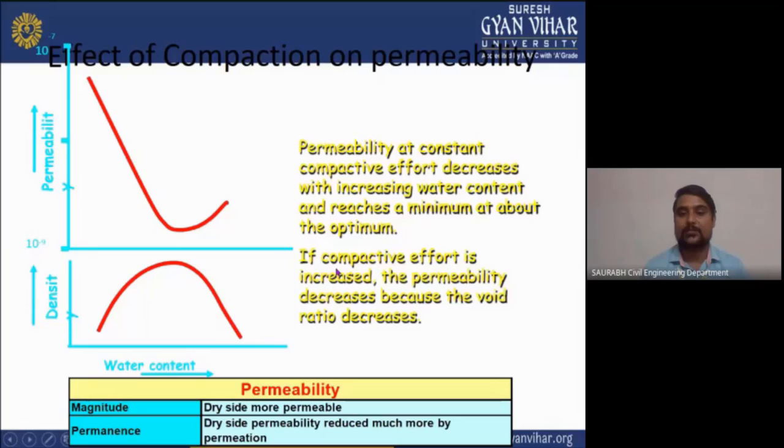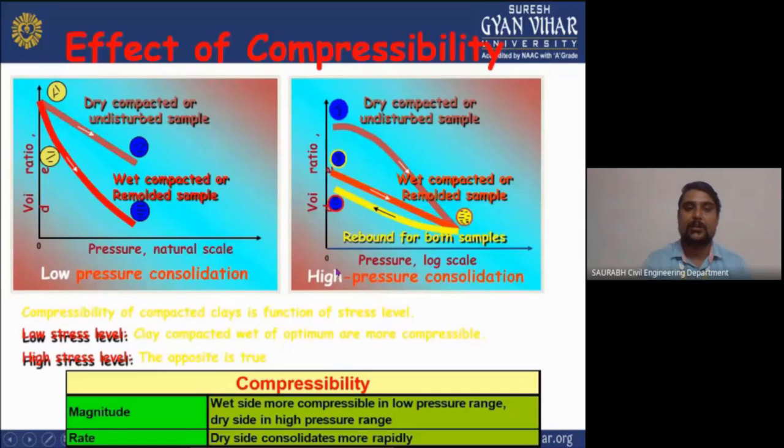At constant compaction effort, permeability decreases when water content is increased and reaches a minimum at about the optimum. If compactive effort is increased, the permeability decreases because the void ratio decreases. This is the graph which is showing the relationship between water content and density, and water content and permeability.